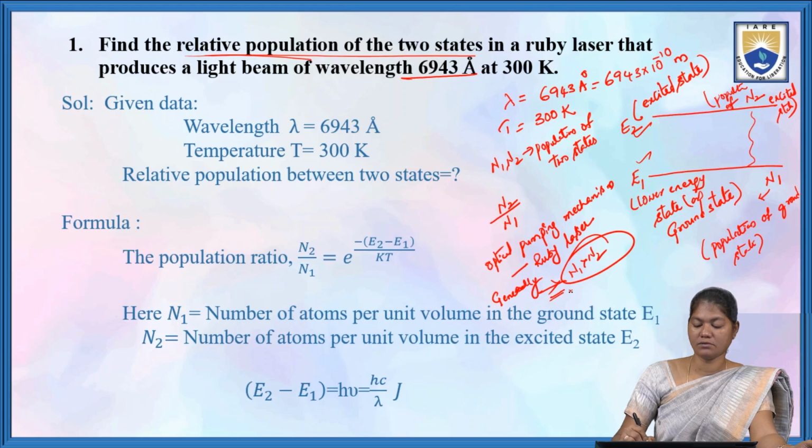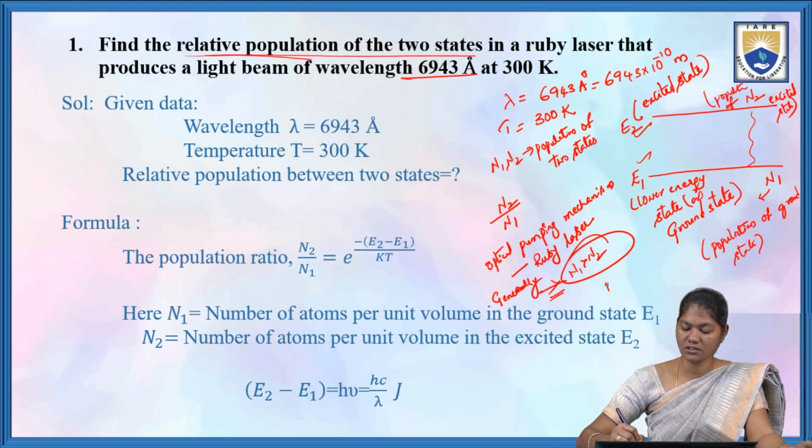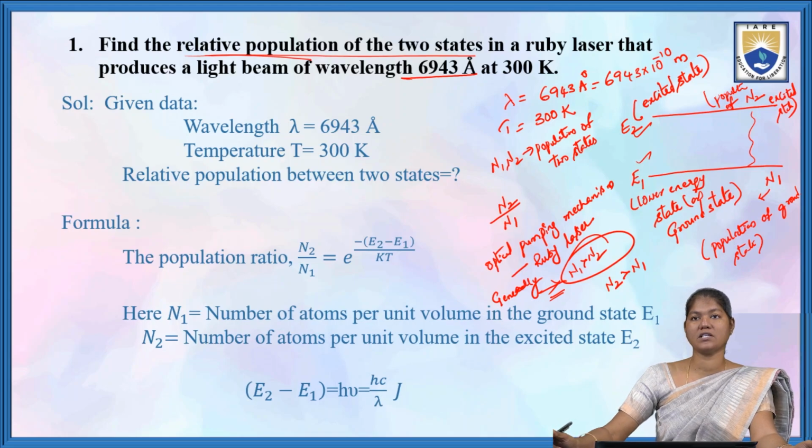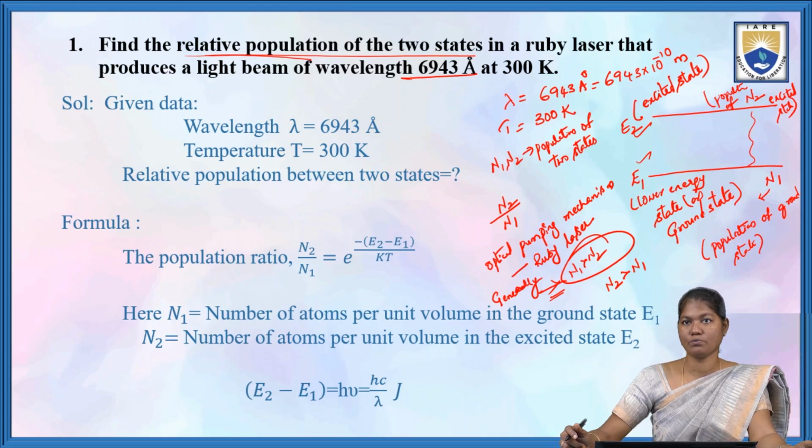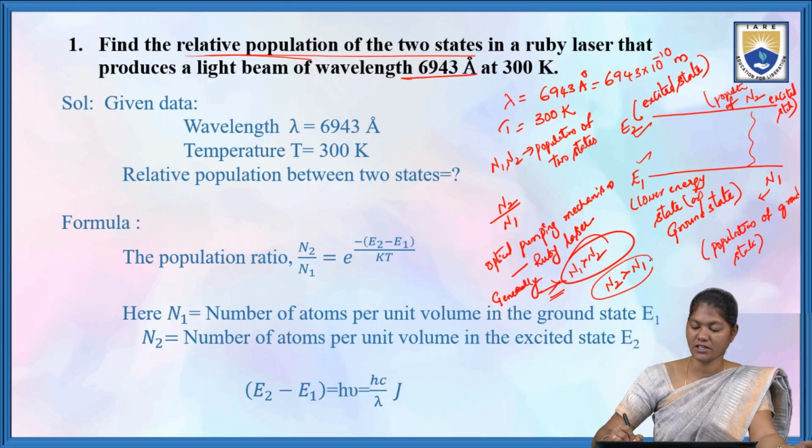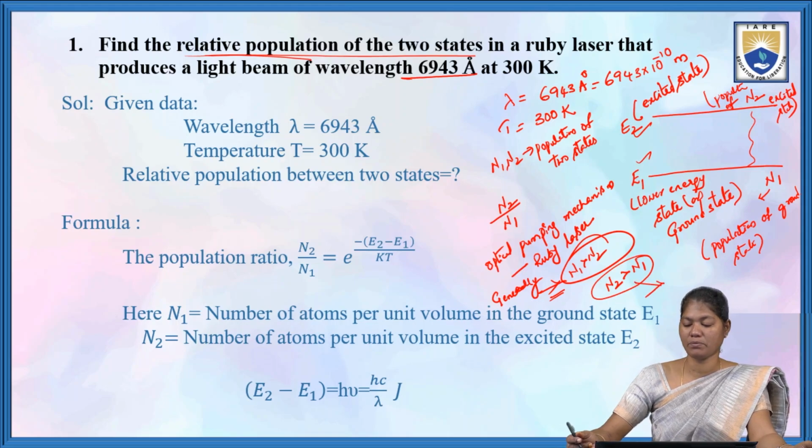But to make stimulated emission, there is a condition that N2 must be greater than N1. To make N2 greater than N1, we use pumping mechanisms. One of them is optical pumping. We also have the chemical reaction method, elastic and inelastic collisions, and electric discharge.